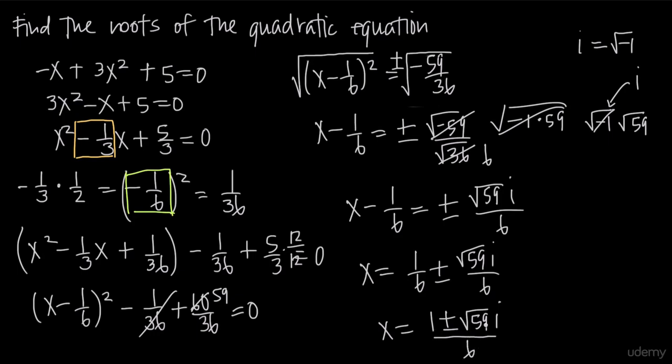And these are going to be the two roots of the quadratic equation. And of course, we notice that both of those roots involve the imaginary number i, which means that these are complex roots of the quadratic equation. If we want to write out these roots separately, we can say x is equal to 1 plus root 59 times i all over 6, and x equals 1 minus root 59 times i all over 6.